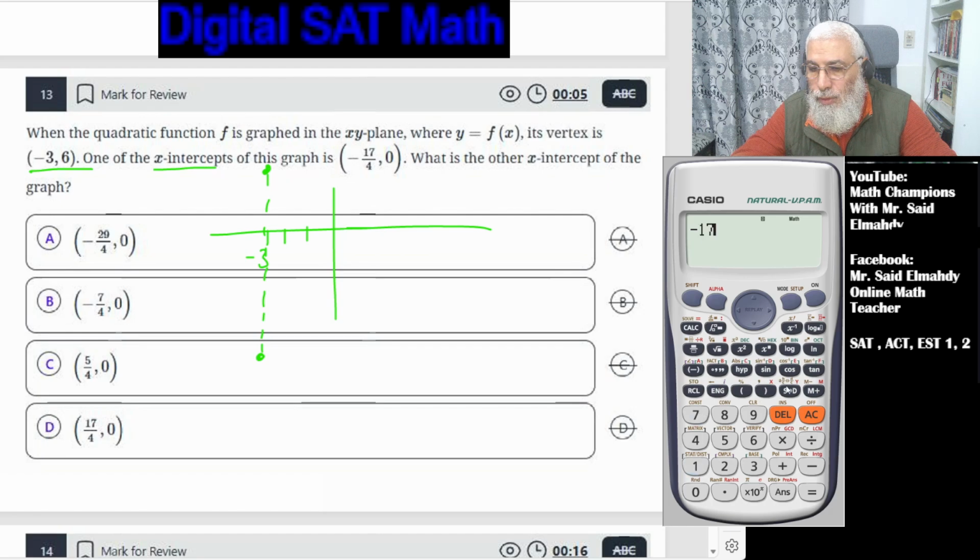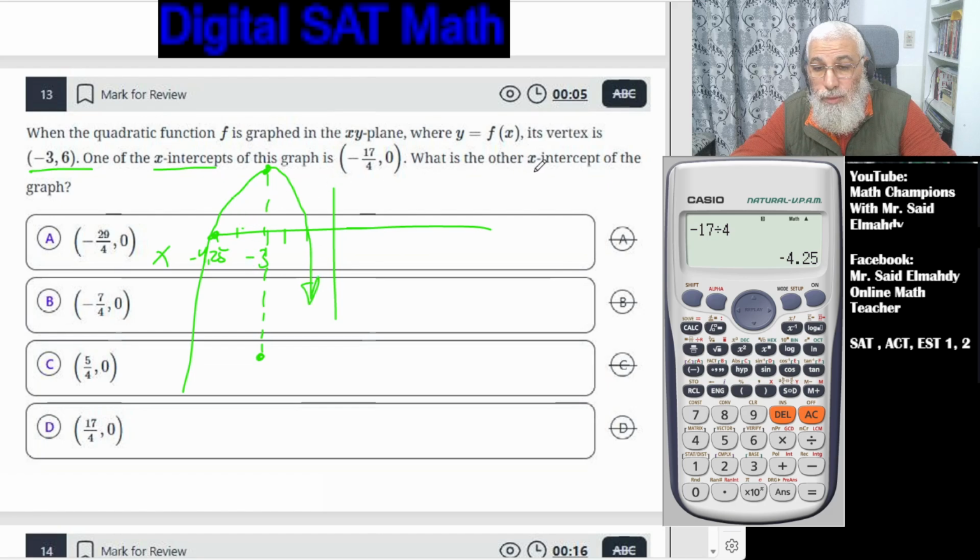Negative 17 over 4 is negative 4.25, so it is here. This is the x-intercept. So the parabola is like this.